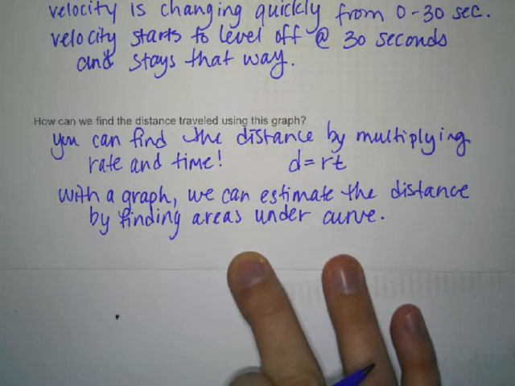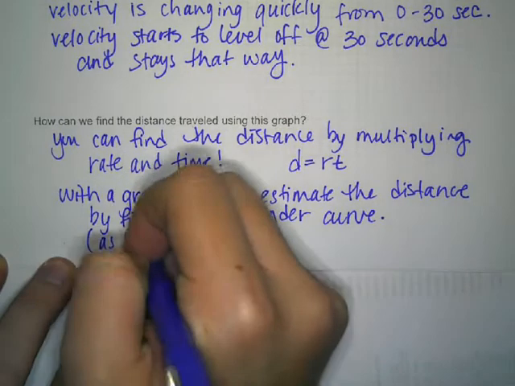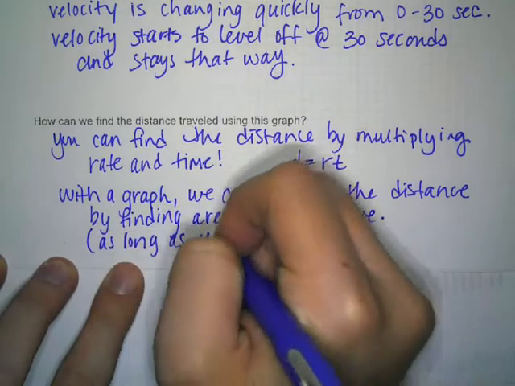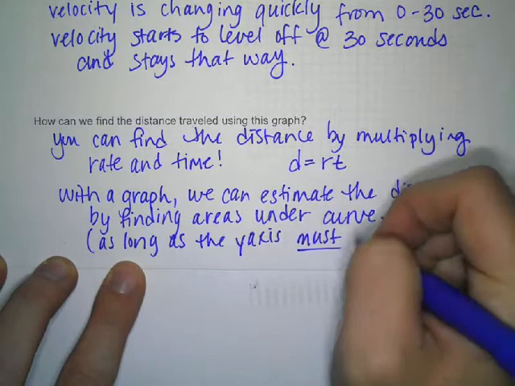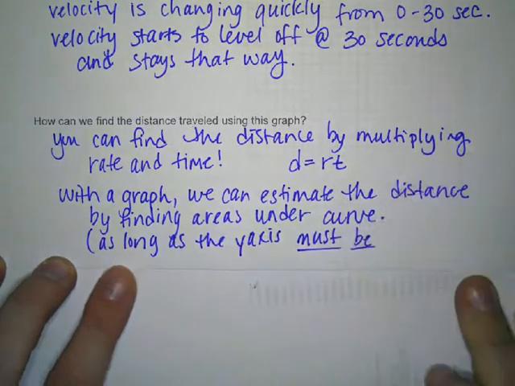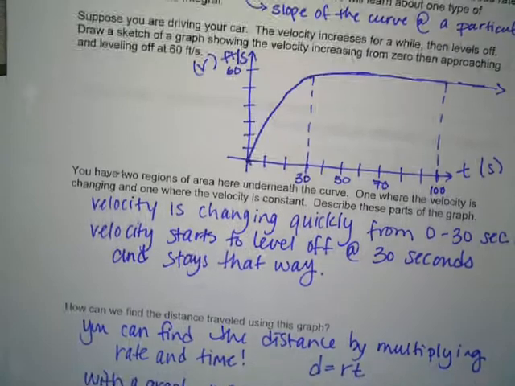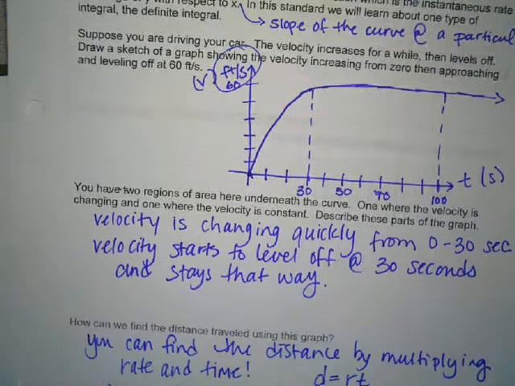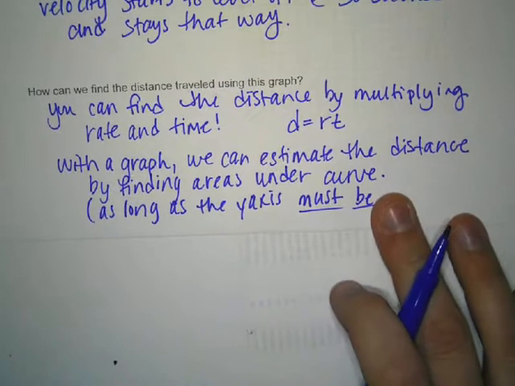Now, in order to find distance from the function by finding areas underneath the curve, the y-axis must be what? It wants to be positive, but it must be a rate, right? You can't find distance by multiplying rate and time together if your y-axis isn't a rate. If it's something else, it's not going to necessarily work.